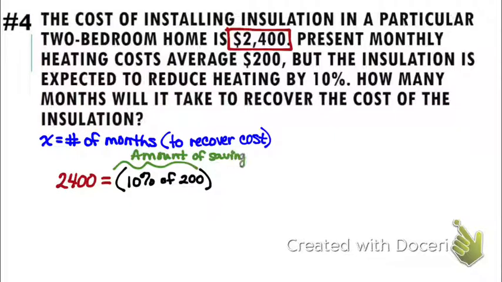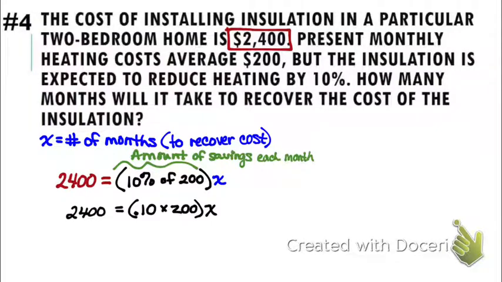This is the amount of savings each what? Each month. So I'm going to take that and multiply it by what? X. So 10% of 200, so 0.10 times 200 X equals 2,400.